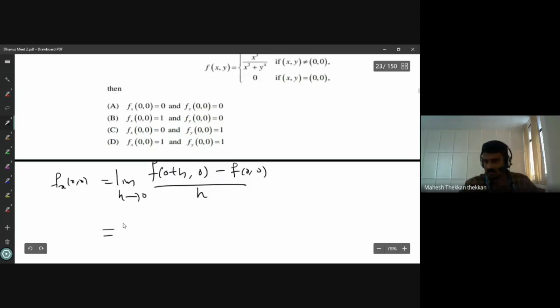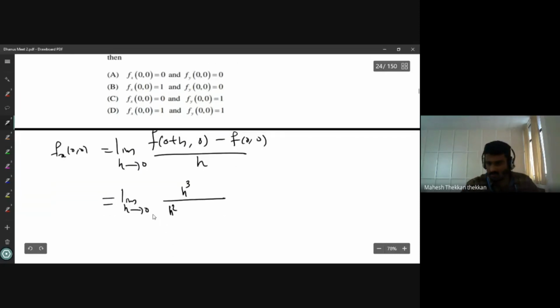So it is limit h tending to 0, h cube divided by h square plus y, which is 0. So this is h square only. There is no extra term. And the whole divided by h. So what will you get? This is nothing but limit h tending to 0, h cube by h square by h.